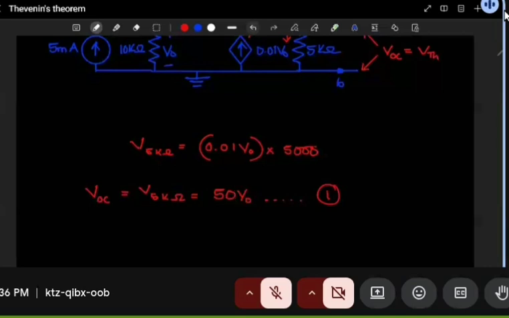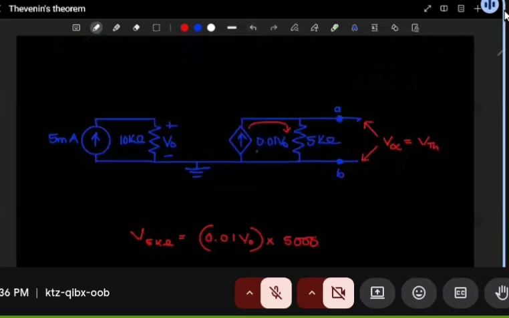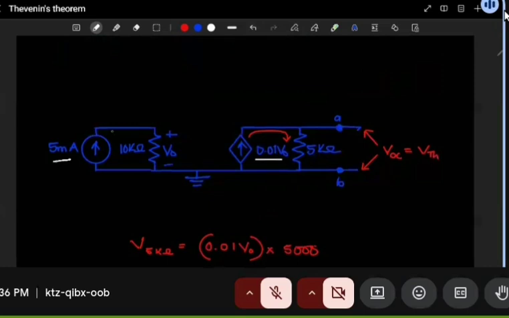And what is V0? The dependent source is the one that defined V0 for us, but we see that V0 is determined by the voltage across the 10 kilo. To determine the voltage across the 10 kilo, again, since this is a current source, it's supplying 5 milliamps. So the 5 milliamps is the current that will pass through the 10 kilo ohms.